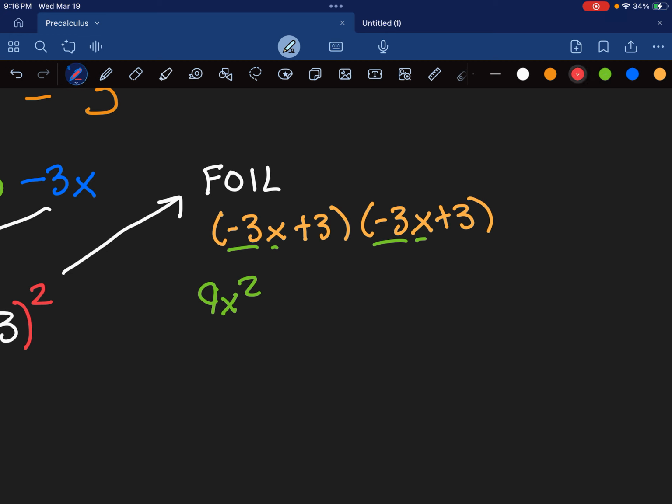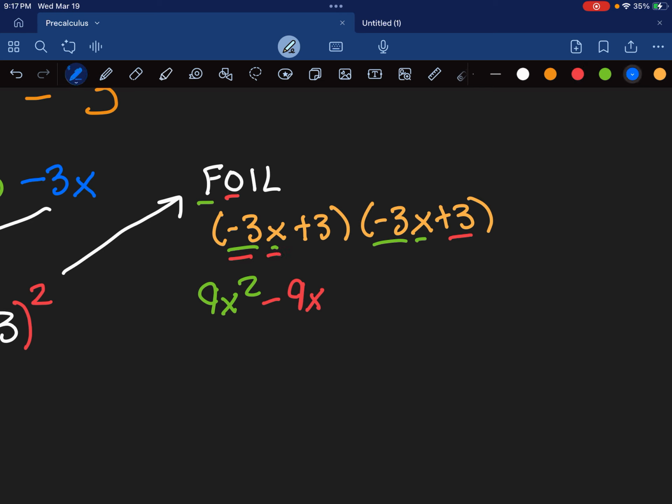We're then going to move on to the O, which is going to be the outer. So we're going to be looking at this one right here, and then this one right here also. So negative 3x times 3 would just be minus 9x, because 3 times 3 is 9, and then we include the x also.